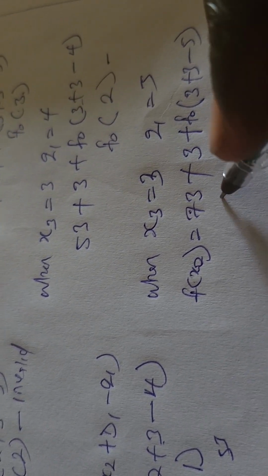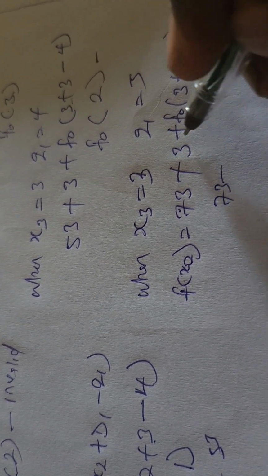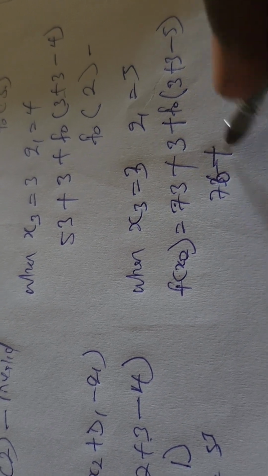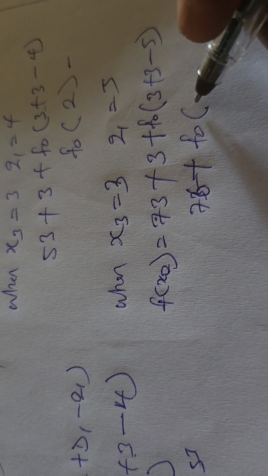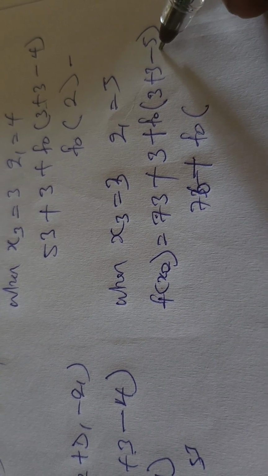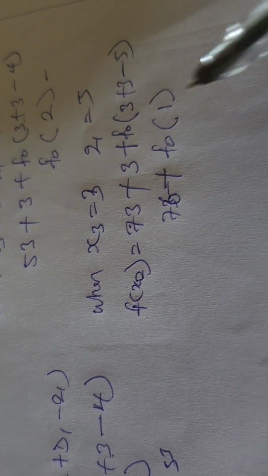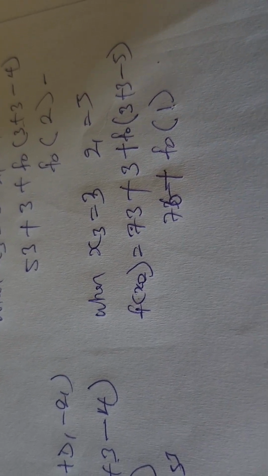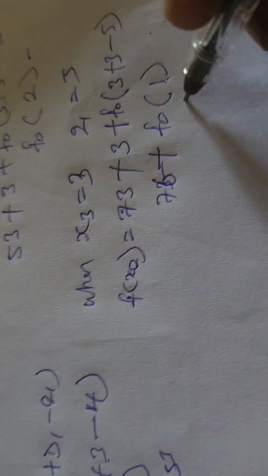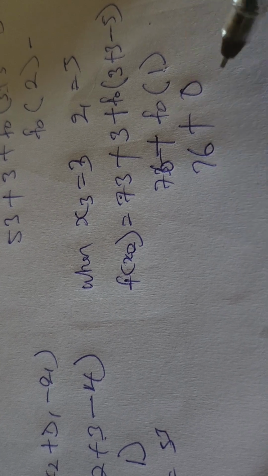So 73 plus 3, that's 76. F subscript 0, that's 6 minus 5, that is 1. Our x1 here is equal to 1, which renders it valid. And of course, we're given f of x1 to be 0. So this one is 0 plus 76, which is 76.